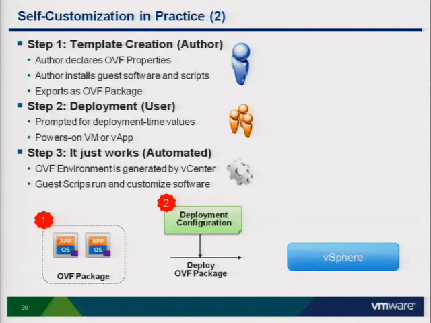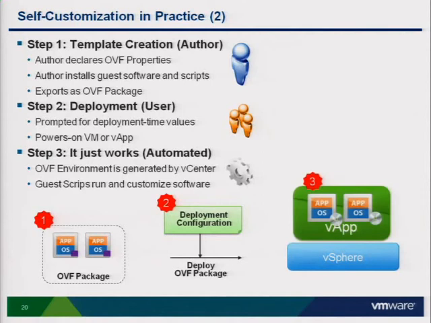And then at the end, once the user hits power on, vSphere will boot this up, generate the ISO image, put in these values, and the agent that you put inside the guest will just customize your template. And you can basically automate the whole process. And this works across multi-tiered applications like we just saw with Sugar CRM. So I think we'll dive into a little demo of this so we can get a feel for how you actually do it in the vSphere client.